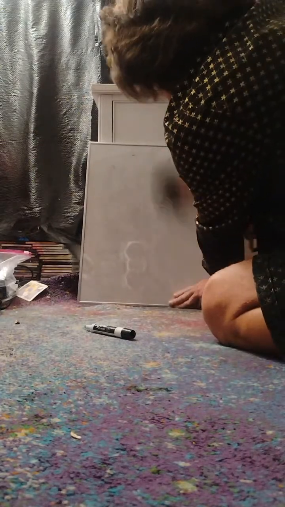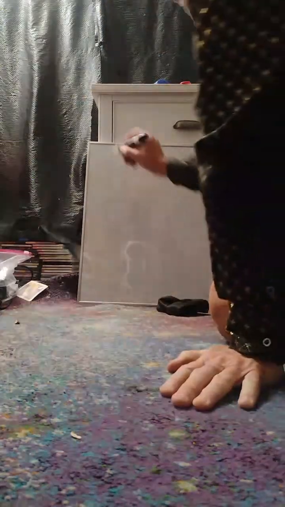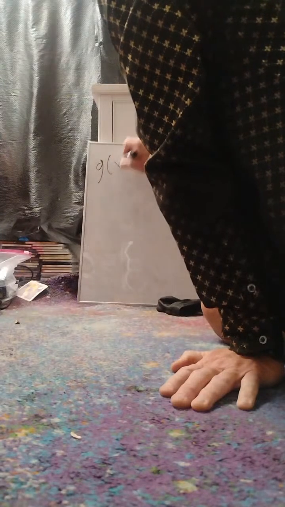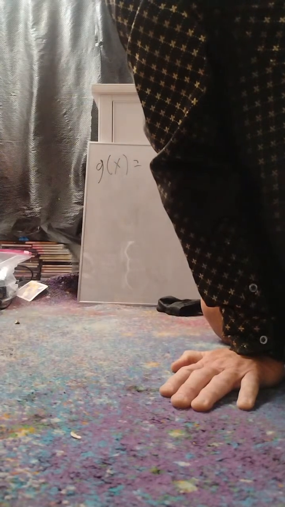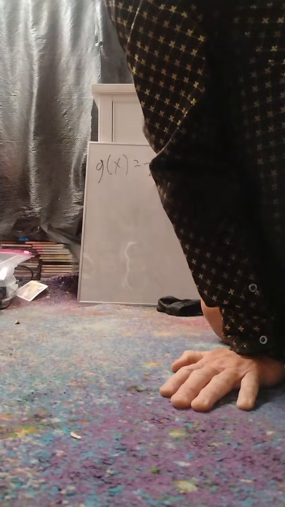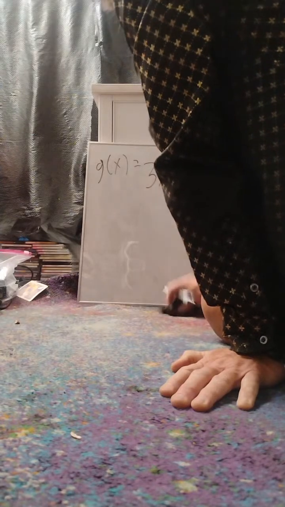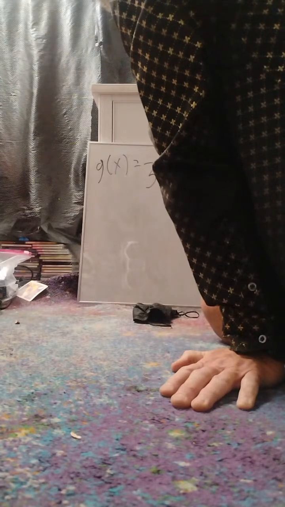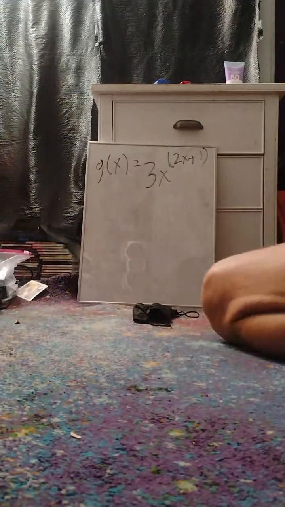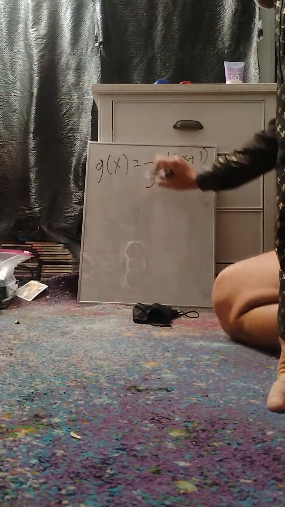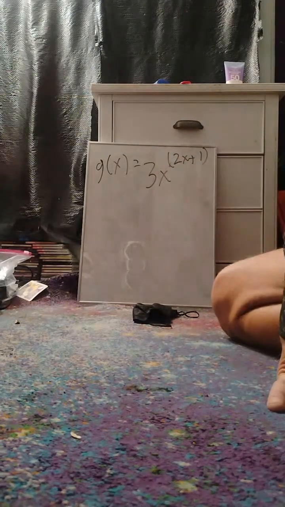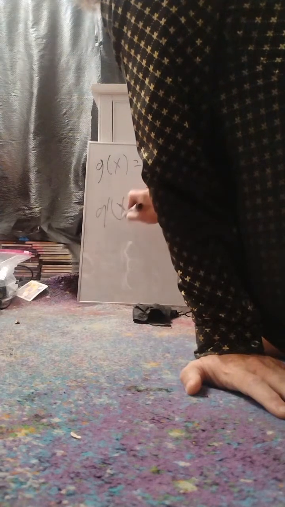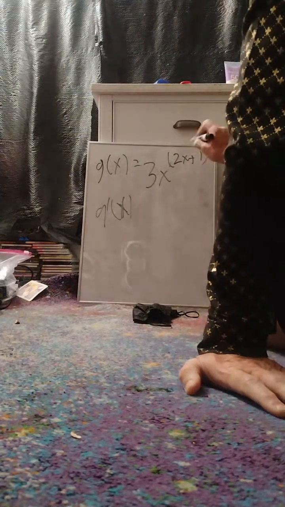So let's say I have g of x equals, let's say, 3x to the 2x plus 1, like that. So this is a function of a function, and this is a function. So the derivative of g of x is now, I treat this as a thing first.